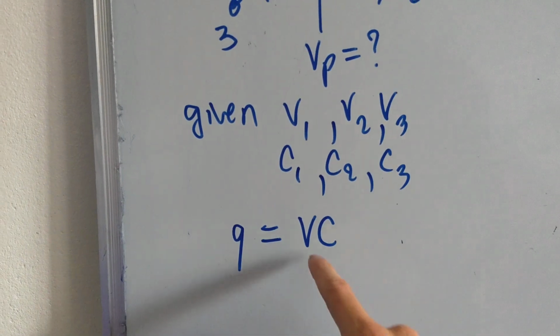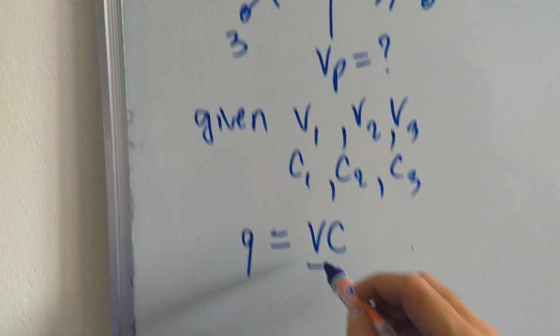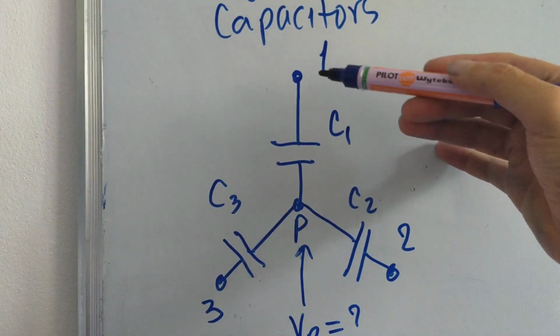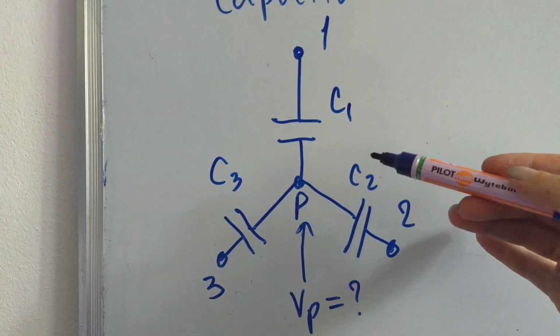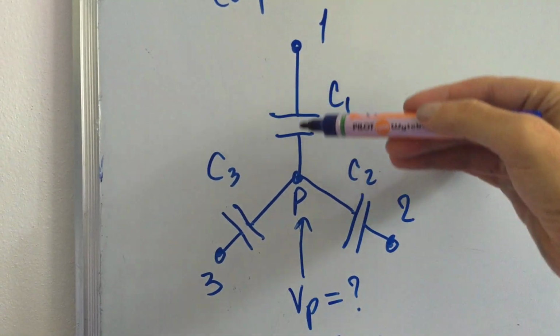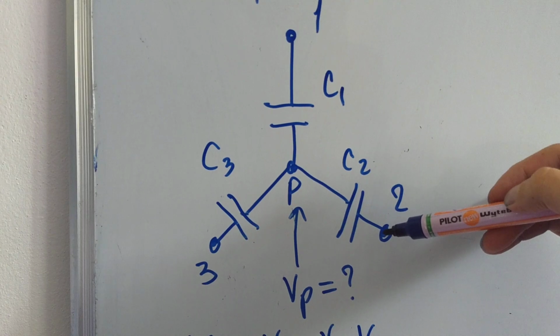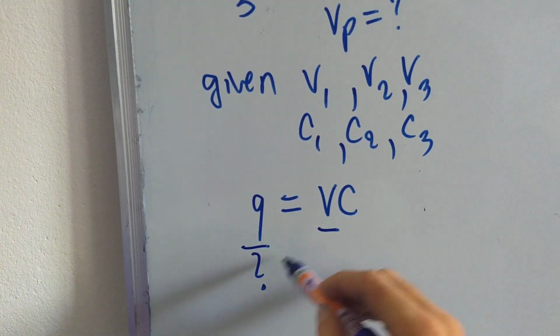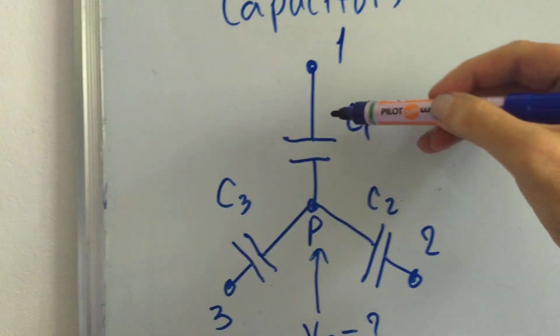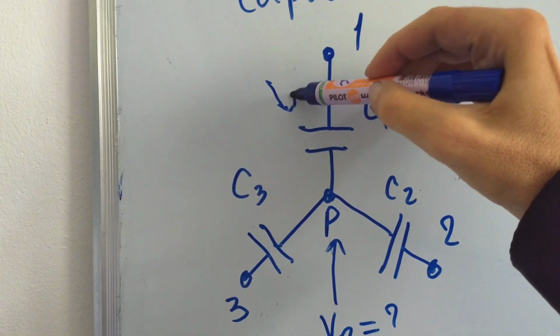Yes, okay, V. What V? We're given V1, V2, V3, the voltages at the terminals. We're not actually given the voltage across the capacitors. And here, Q. What do we mean by Q? Is it the charge on this plate?